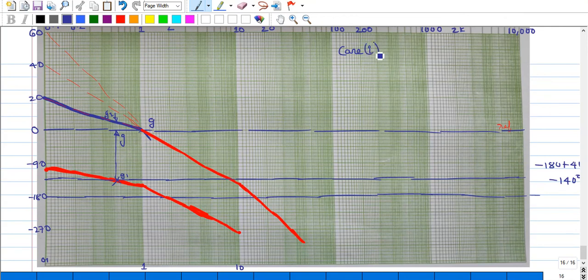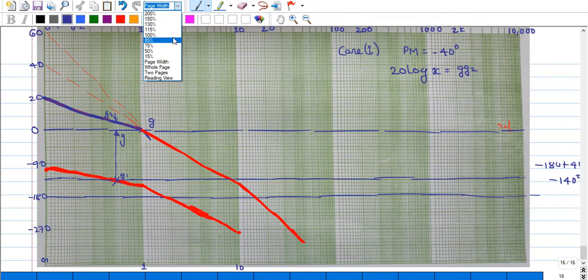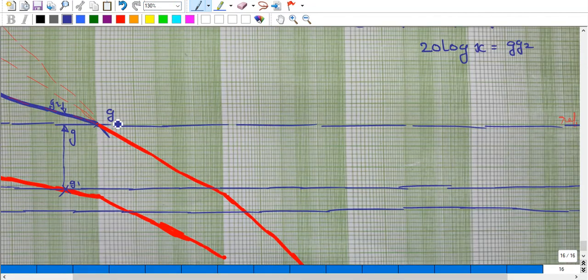So case 1, what it states, if our phase margin is 40 degrees, then kindly note down, to identify the value of K, the formula that we use is 20 log K equal to G2. We need to measure G2. So G2 is this particular distance. Let me zoom that. I hope you can see that.